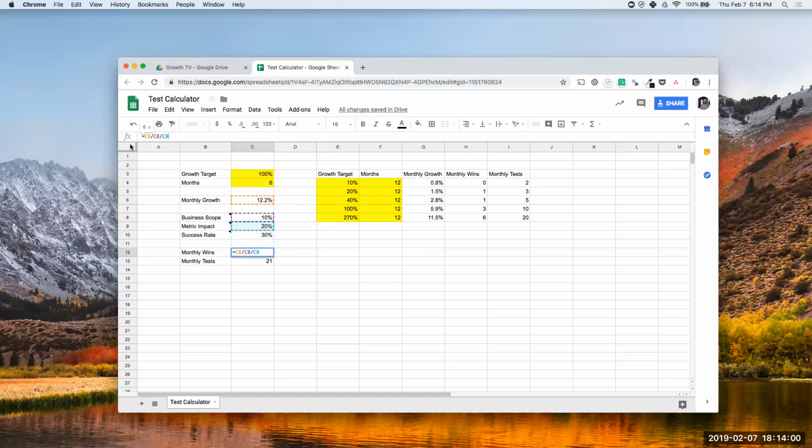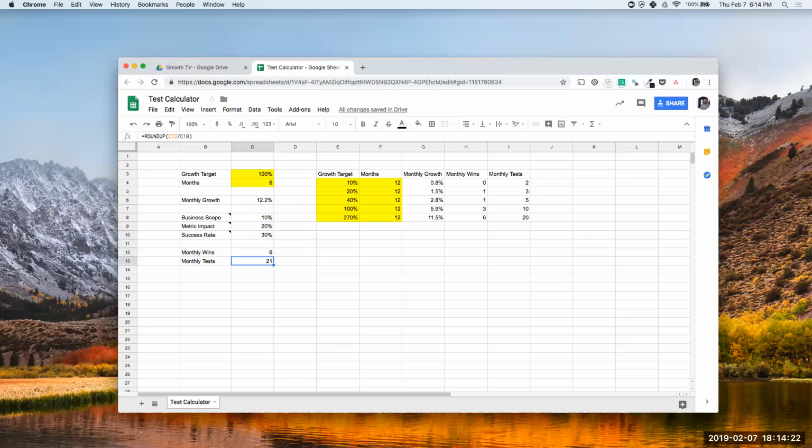Or the other way around, actually. Monthly growth divided by business scope divided by metric impact. So that's saying that we need to have 6 experiments that are successful in order to hit our monthly growth target.